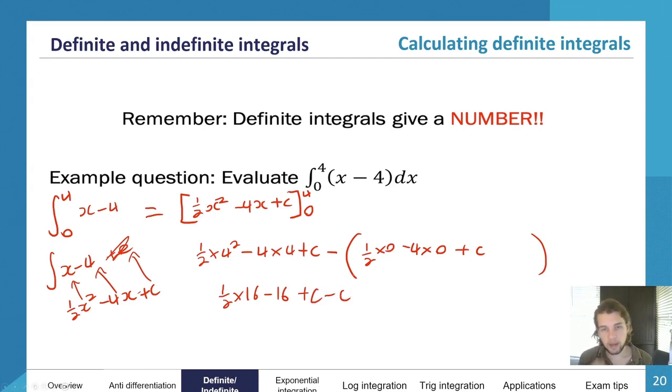Now, whenever you're doing this definite integral, if you start using the plus c, you'll realize that the plus c cancels out every single time.